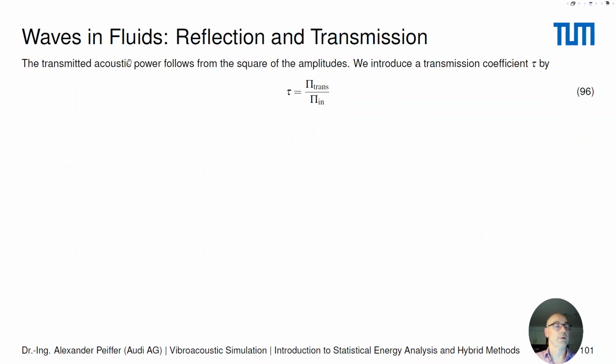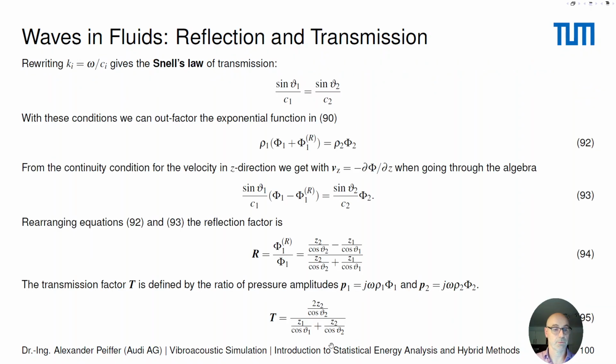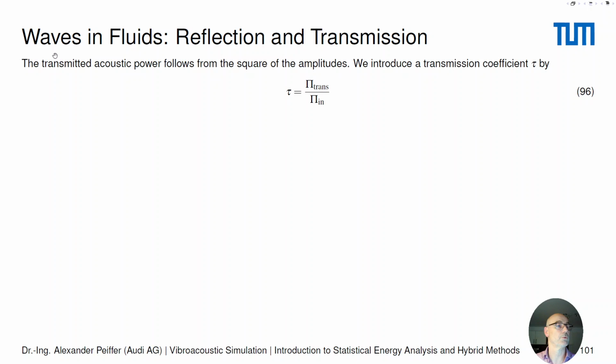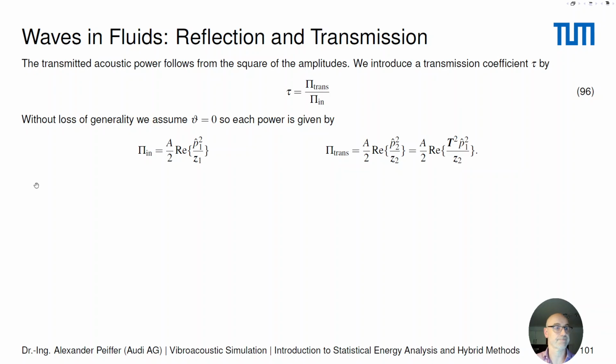So now again, we would like to switch from amplitude relationships to energy quantities, which means we are interested in the transmitted power. So what is the relationship between the incoming irradiated power and the transmitted power on an interface of two different fluids?